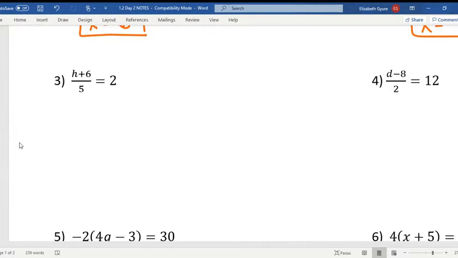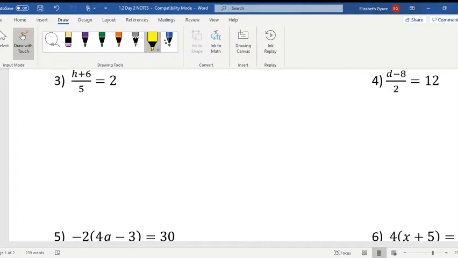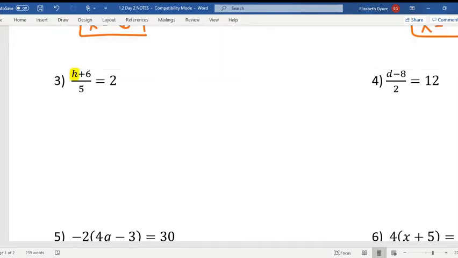Okay. Take a look at number 3. What looks different about number 3? The whole thing is a fraction, right? There was a fraction in the first one, but wasn't there kind of a number off to the side? This time there's not. So this one is a little weird because the whole thing is a fraction. So if you look, is there anything I can move over yet?